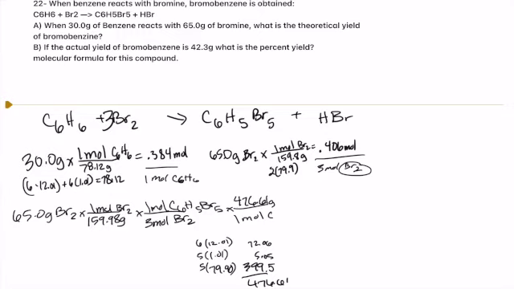We get 157.01 grams per mole of bromobenzene. Multiply across, and then divide.